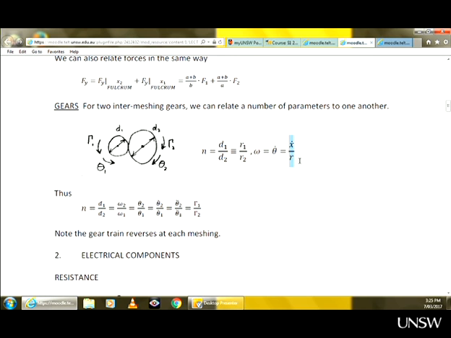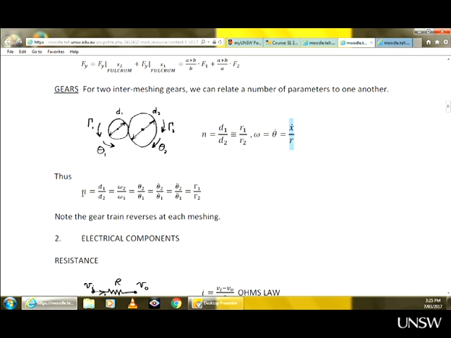And x dot, the tangential velocity here, is the same for both gears. So you can write that n, the gearing ratio, equals d1 over d2, or it is inversely proportional to angular velocity: omega 2 over omega 1, or theta 2 dot over theta 1 dot, theta 2 double dot over theta 1 double dot, so the ratio of accelerations as well. Or, if you want the ratio of the torques, it's gamma 1 over gamma 2. Nothing you haven't seen so far.